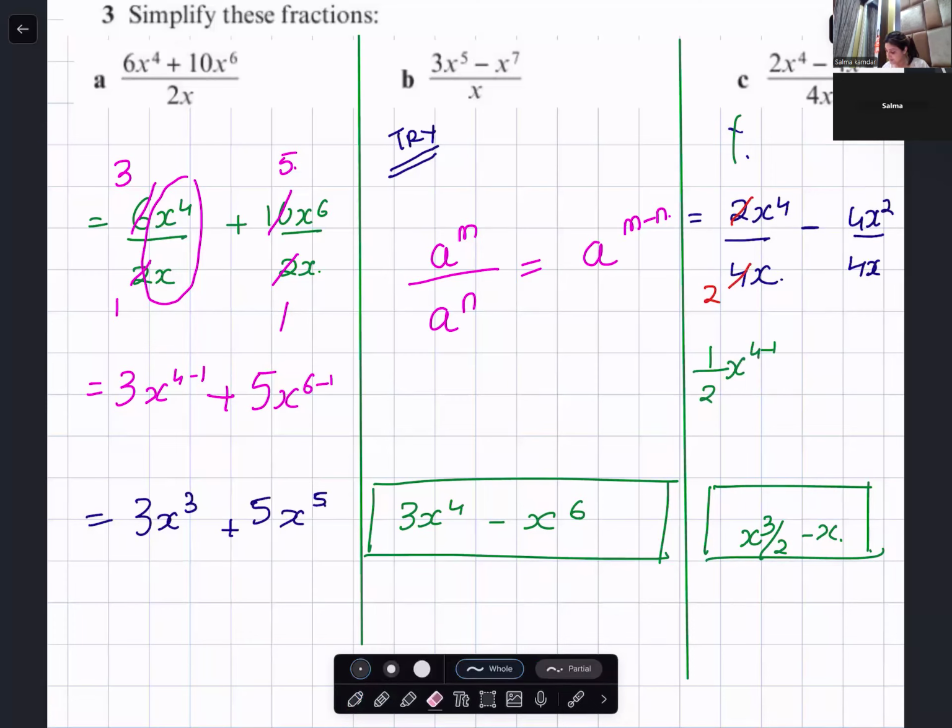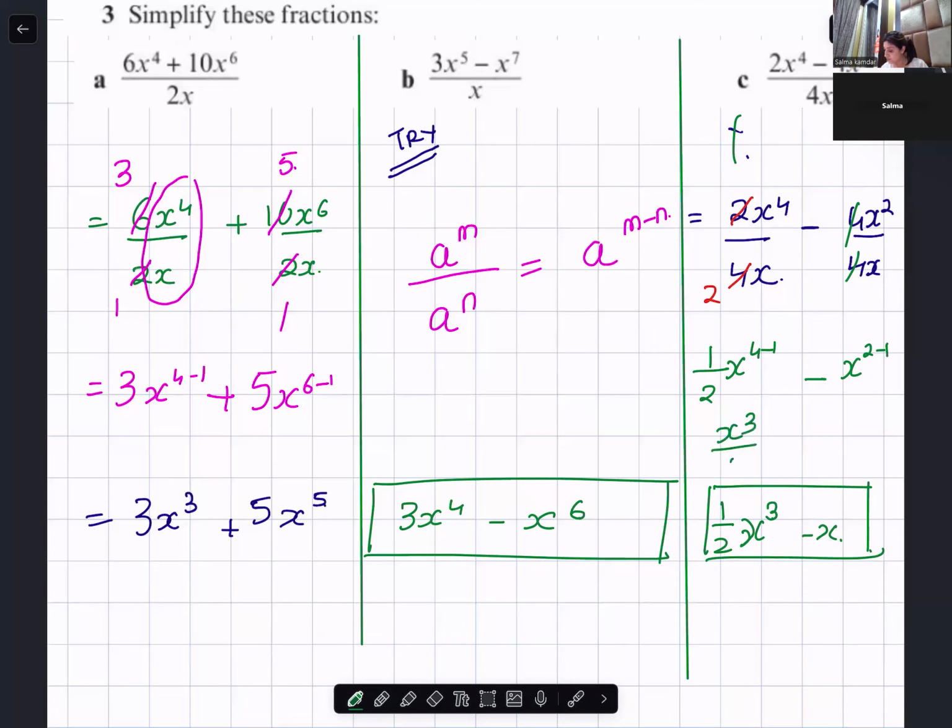So it becomes 1 by 2 x raised to 3 minus x raised to 2 minus 1. So it becomes x cubed over 2 minus x.